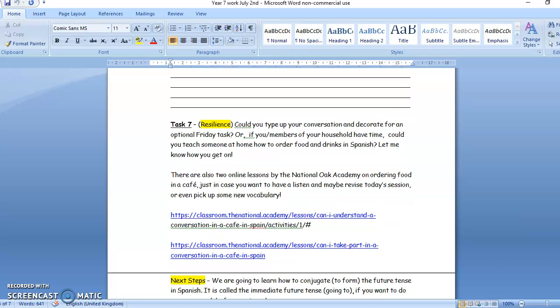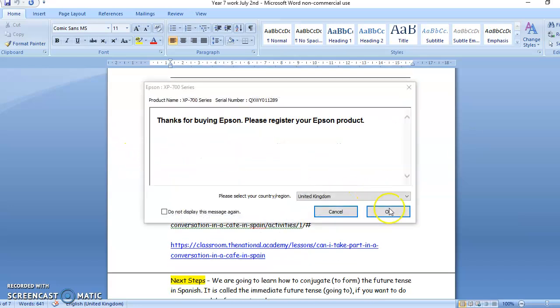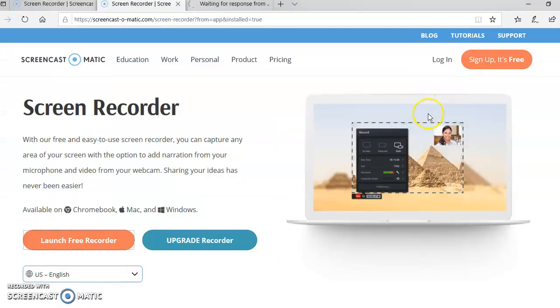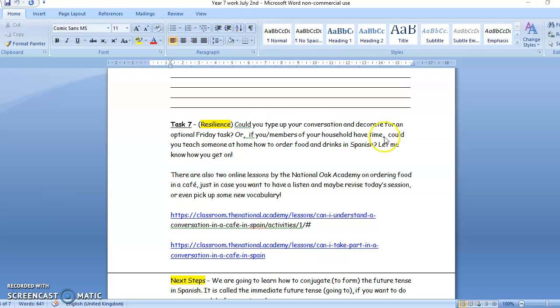Okay. So, task 7, what I would like you to do on task 7, you could type up the conversation, decorate it, or maybe if time you could teach somebody at home how to order food and drink. Just let me know how you get on.